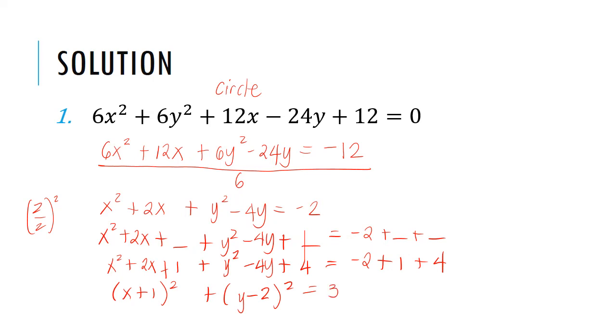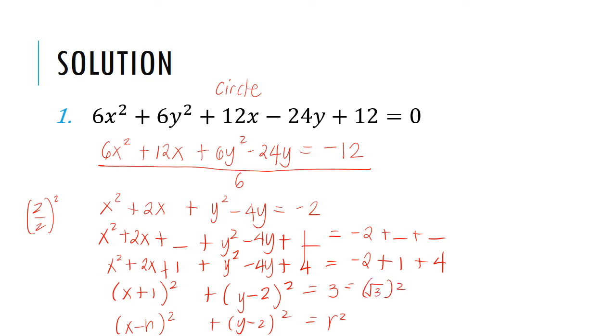3. So, as you can see, this equation resembles the standard equation of a circle, which is (x minus h) squared plus (y minus k) squared equals r squared. Okay, to make it clearer, you can rewrite 3 as a square. So in order to do that, you may rewrite it as square root of 3 squared.